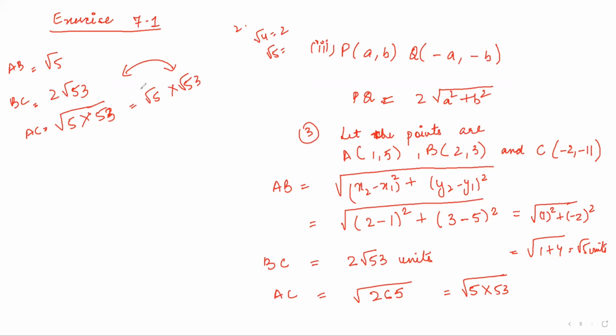So that means this is the largest number, which is multiplied by under root 53. So AC is actually greater than BC. So AC is actually my largest side, right? So in this case, my AB plus BC is not equal to AC. So that means the points are not collinear.